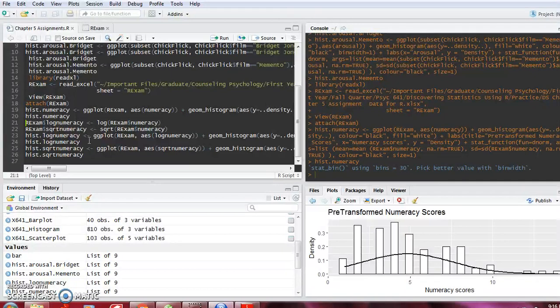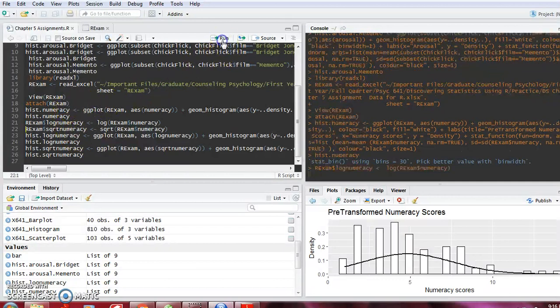And we can also do a square root transformation, which takes the square root of each score and essentially moves it toward the center. Whenever I make this histogram, I'm going to explain that again.